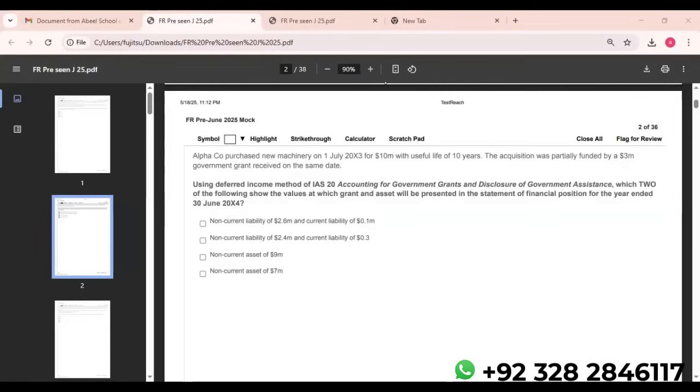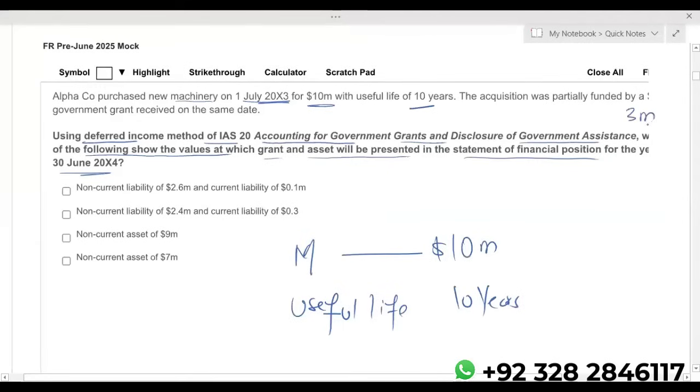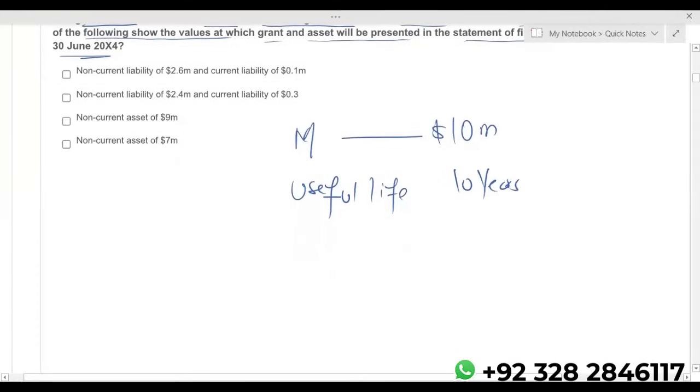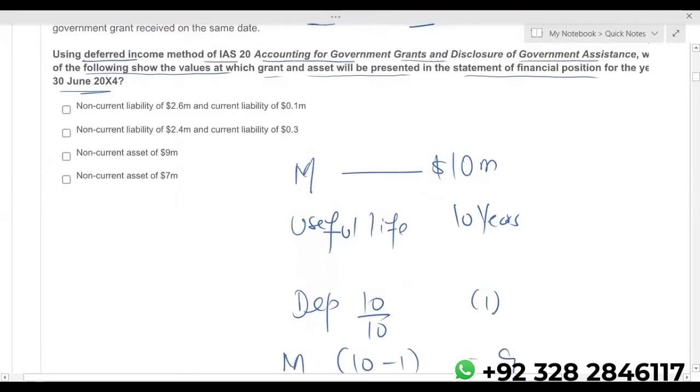Let's go back. We are back. Government grant is 3 million. I hope everyone can see this note, okay? So first of all, machine depreciation, can I say 10 million divided by 10? The depreciation is 1. So machine net book value will be 10 minus 1, 9 million. So the non-current asset has to be 9. Agreed?